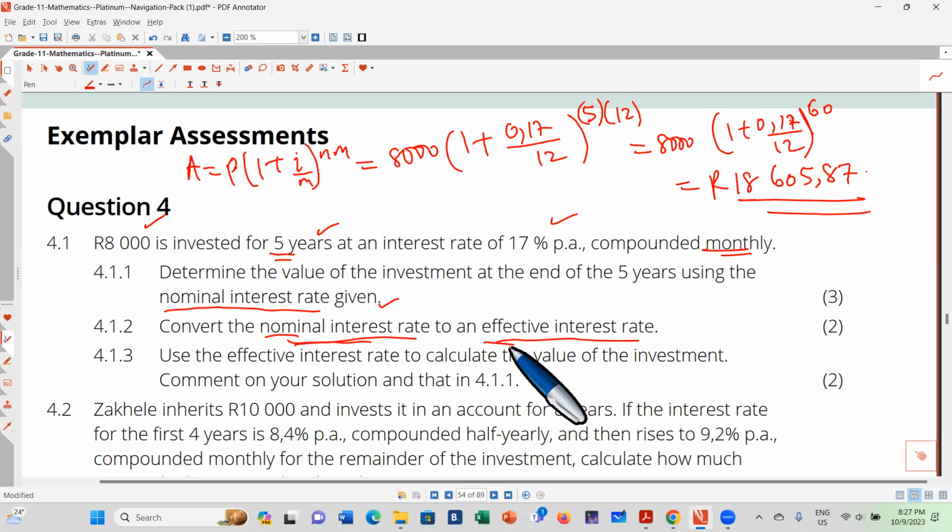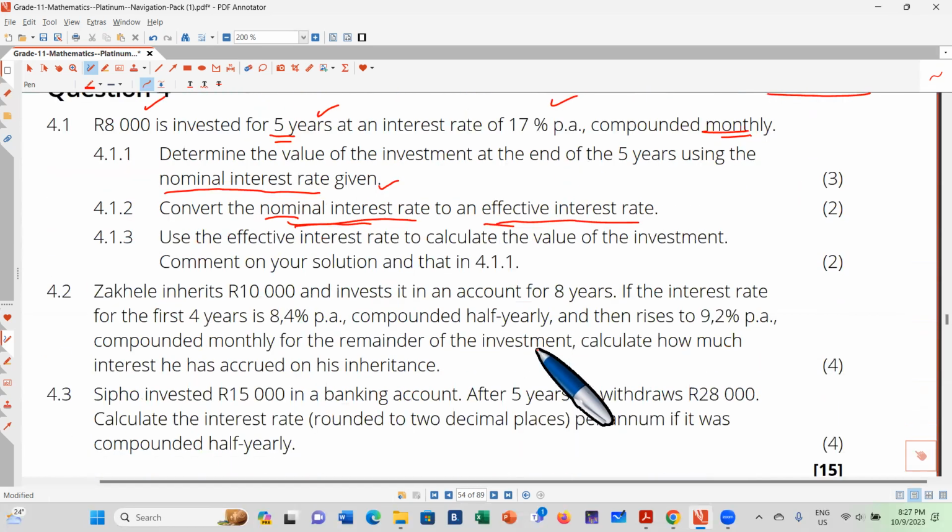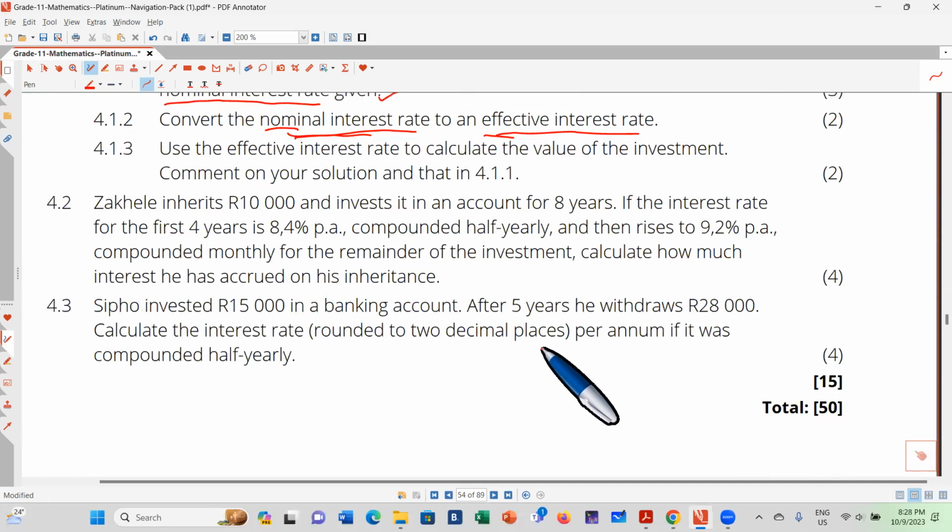This is the formula that we use in 4.1.2. Okay, the formula for the nominal rate and the effective rate.